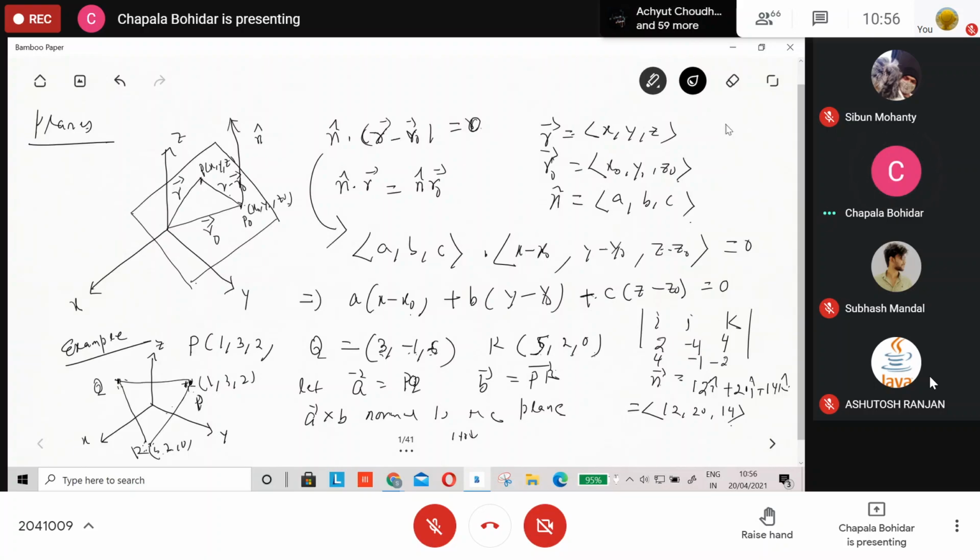And so now the equation of the plane. What is it? 12 into x minus x0, where x0 is our point P, that is 1, 3, 2.